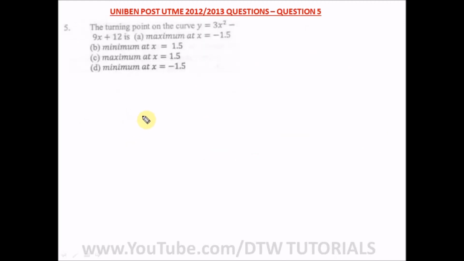Question 5 of the UNIBEN post-UME 2012/2013 past questions. It says the turning point on the curve y is equal to 3x squared minus 9x plus 12 is what? To look for the turning point, at turning point, you should note that the dy/dx is equal to 0.